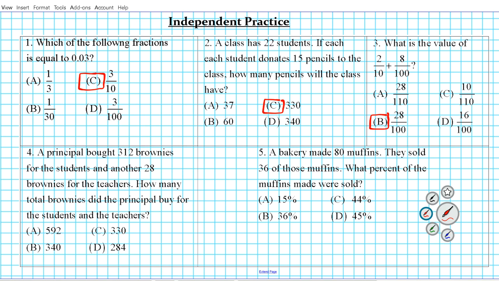For question number 4, the answer is option letter B, 340. And then for question number 5, the answer is 45%, option letter D.